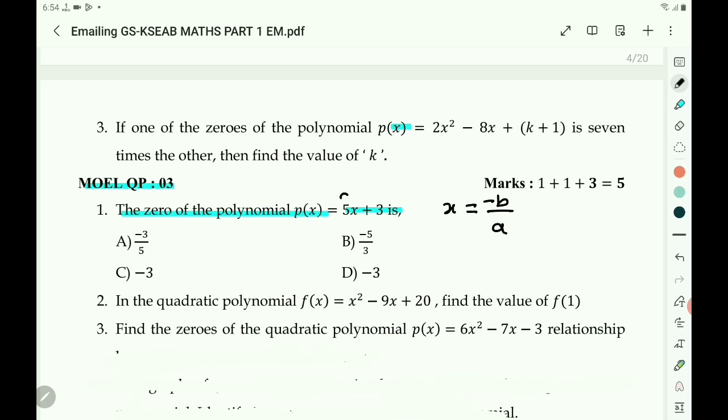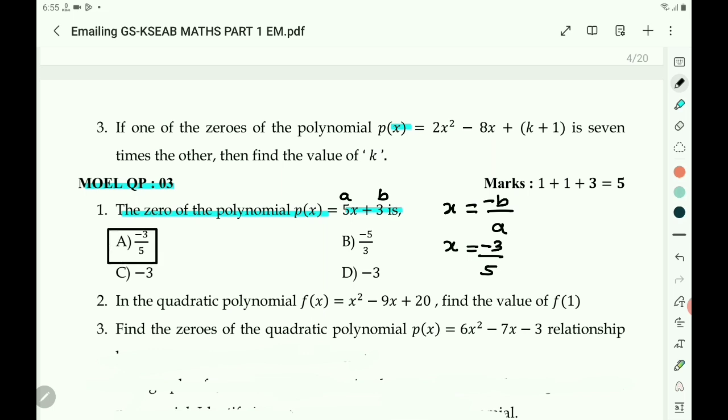Here a is 5, b is 3. A equals 5, b equals 3. Then x equals minus b by a. X equals minus 3 by 5. Then option A is the answer.